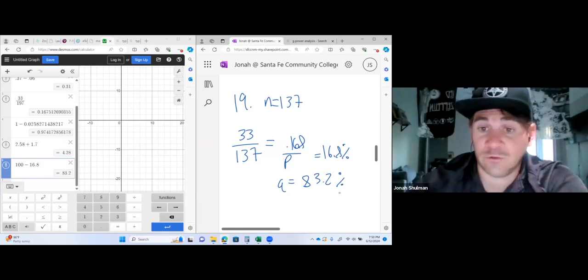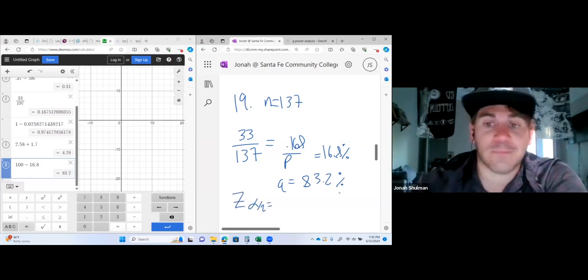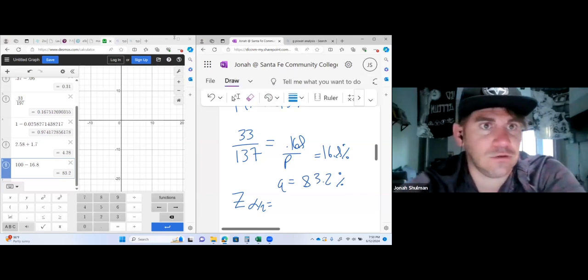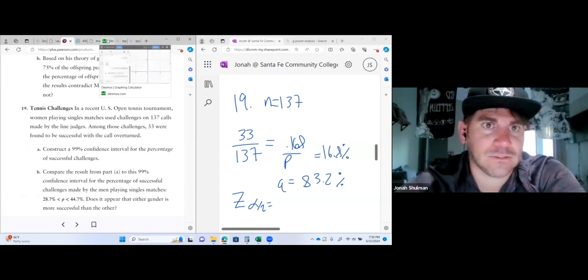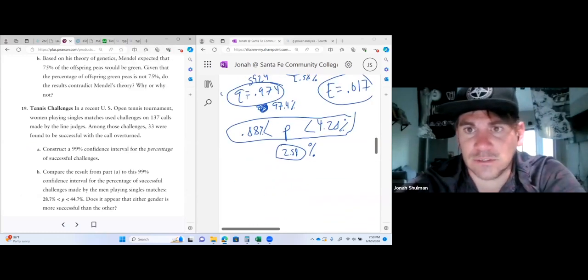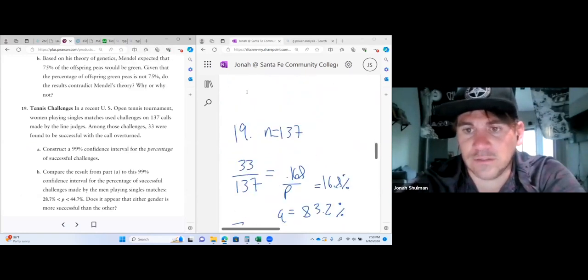And the only other thing we really need is this Z alpha divided by 2 score, the critical value. They wanted 99%, so we already have that. It's going to be 2.58.